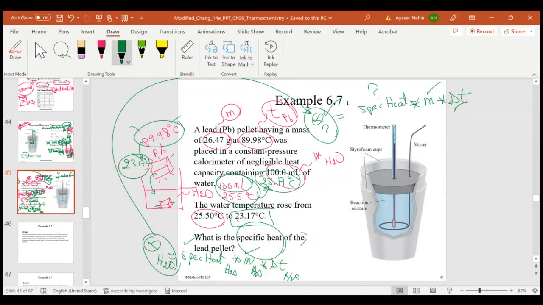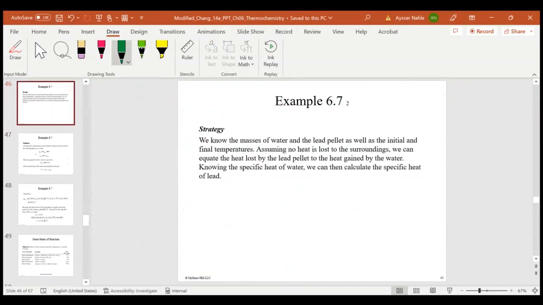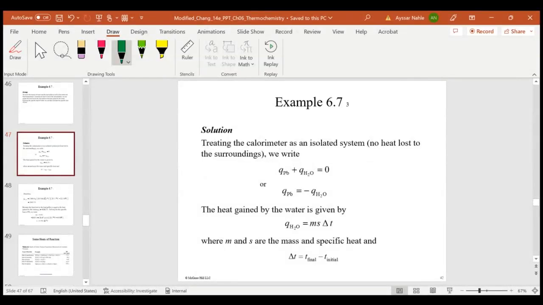Once I know the Q of the lead, I know the mass of the lead, and I know the temperature change of the lead, now I can find the specific heat of the lead. Yes? Okay. Now, that's a strategy in here. Again, notice in here that the Q of the lead must be equal to minus the Q of the water and vice versa. Okay.